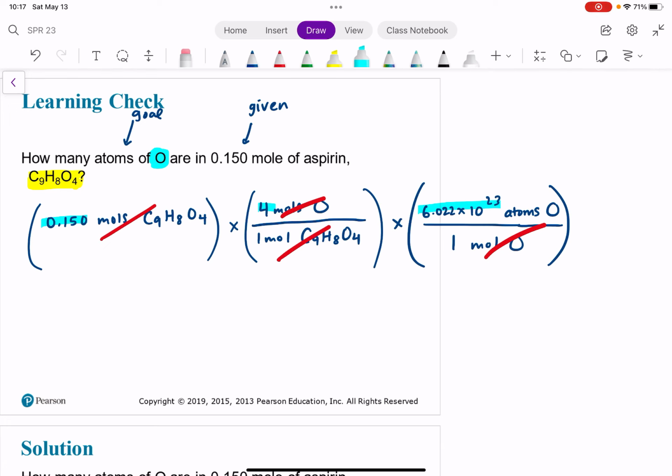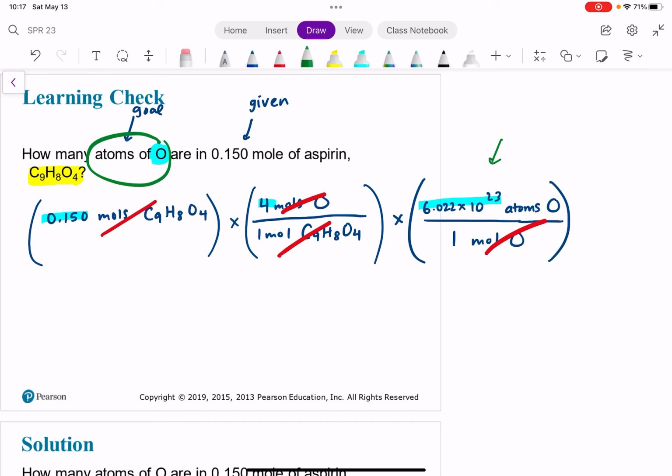Well, I know now that there's 4 moles of oxygen per every 1 mole of my aspirin. And so then I can actually just use Avogadro's number in order to get to atoms of oxygen, which was my final goal. All right, I know this is really tricky at first.